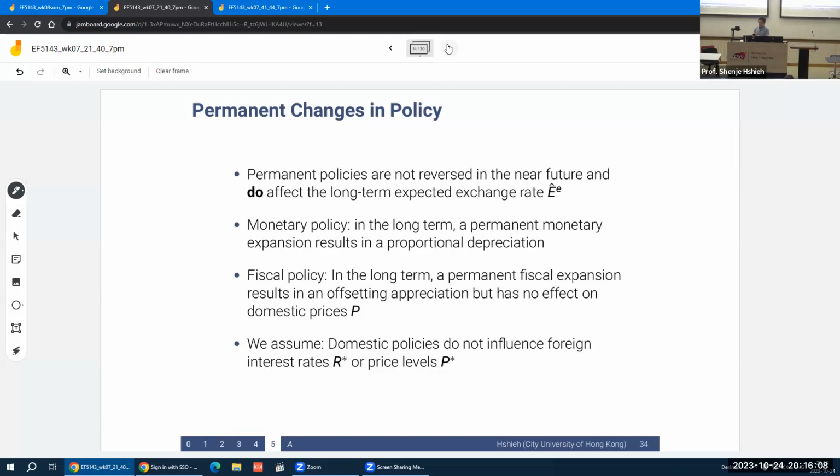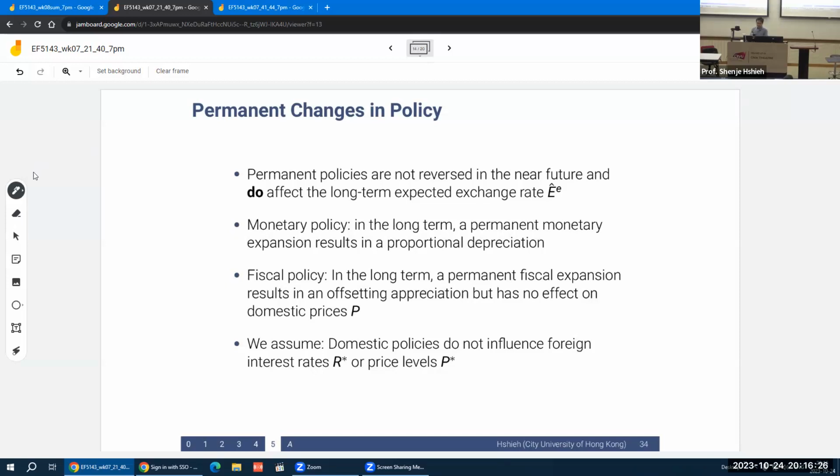Monetary policy in the long run means that E is going to be more depreciated. For fiscal policy, if we do expansionary fiscal policy, E has to be lower. Expectations of E has to be lower, stronger currency, right?